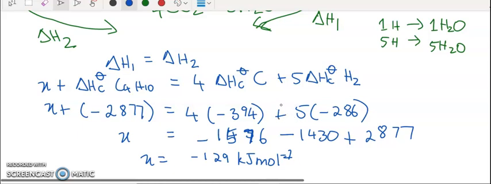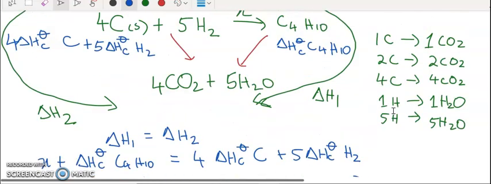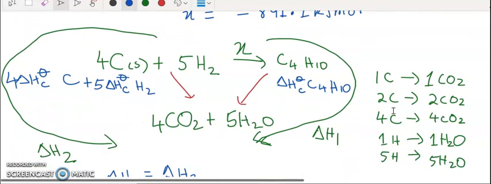Now there's the same type of question that is the standard enthalpy change of combustion, but they have given another element as X. Even in this equation, suppose they had not given us the data value of C, of carbon.